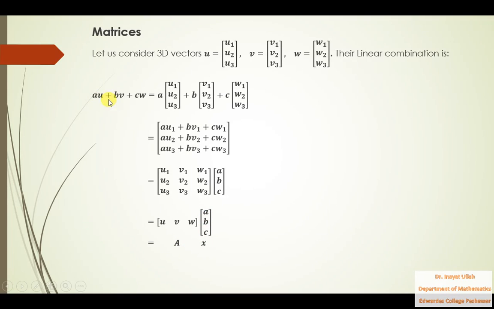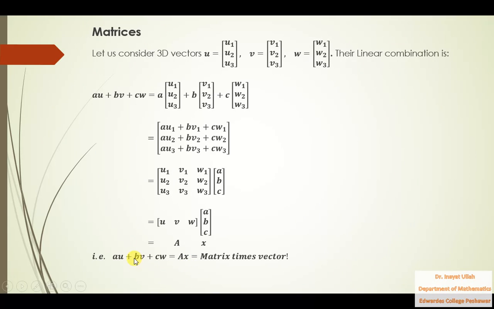This linear combination is equal to AX, that is, matrix A multiplied by x, so we say A times x.